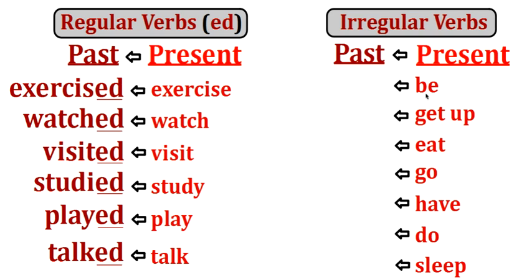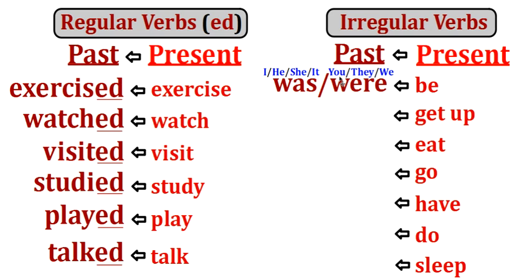So what is the past of be? We have was and were. Was is for singular subjects. For example, the subjects I, he, she, and it are singular, so we use the verb was for the past tense of be.